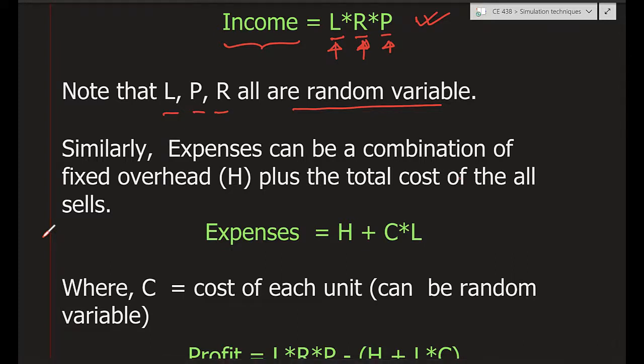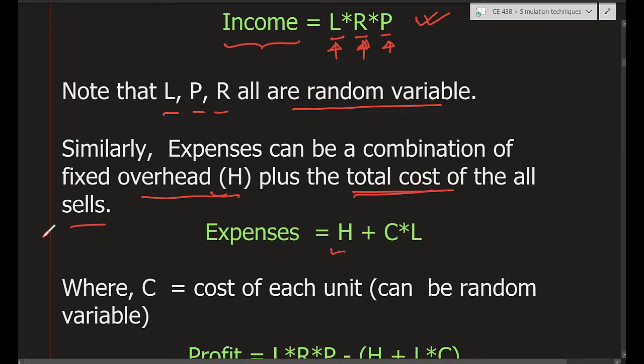For example, expenses can be a combination of fixed overhead plus the total cost of all the sales. So basically we can calculate the expenses of an automobile industry by total overhead plus total cost. So let's say this is a fixed capital amount H, that is the total overhead, plus the total cost. C denotes the cost of each unit, and L is the number of units.